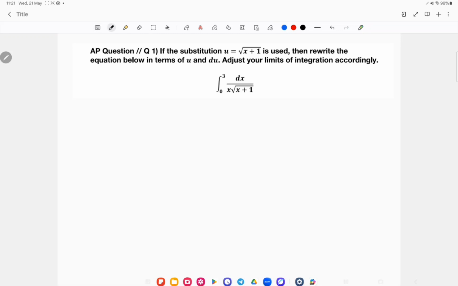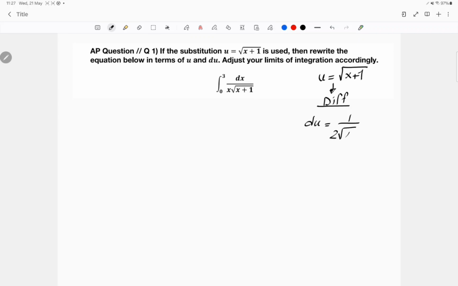And so here we're going to be taking that u is equal to root of x plus 1. I'm going to be differentiating everything. Differentiate, and we'll get du is equal to 1 over 2 root x plus 1 times dx.